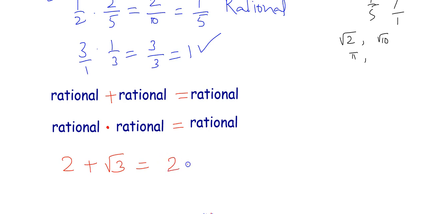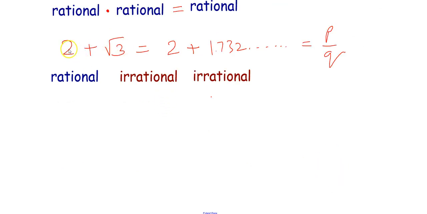We know 2 by itself is a rational number, but square root of 3 is 1.732 all the way. We don't know what the sum is. Therefore, it cannot be written as p over q. So this sum of a rational number and an irrational number is an irrational number. Like I said, we cannot write it as p over q. So, rational plus irrational gives us irrational.